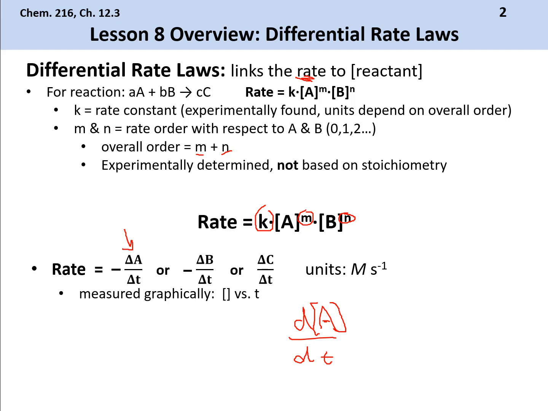And so we take the concentration to these rate orders, for instance, concentration A and B. These are only for the reactants, not the products. And the last thing is m and n are found experimentally. We don't know these based solely on that reaction.